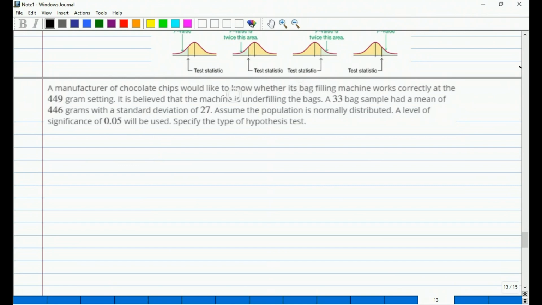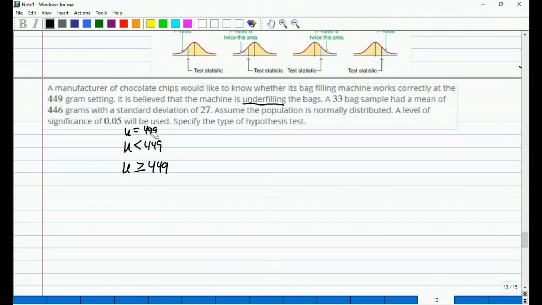So it says that this bag is filling correctly at this level. It is believed the machine is underfilling the bags. Okay, so what we're going to do first is we're going to say mu is underfilling, is less than. The opposite of that is greater than or equal to. Okay, so we take the one with equality, and that is going to be our null hypothesis.